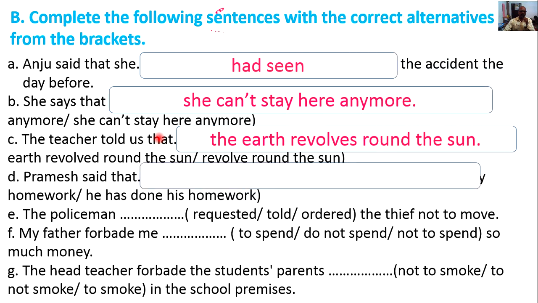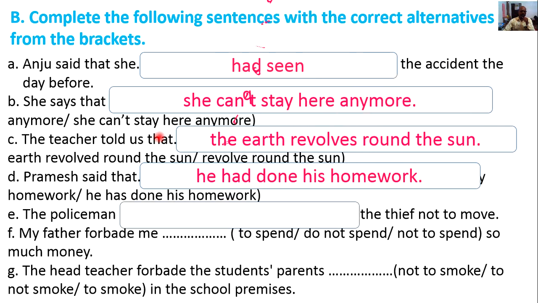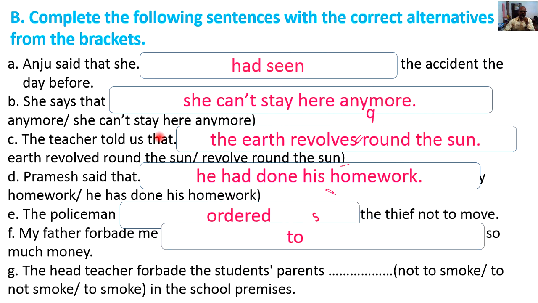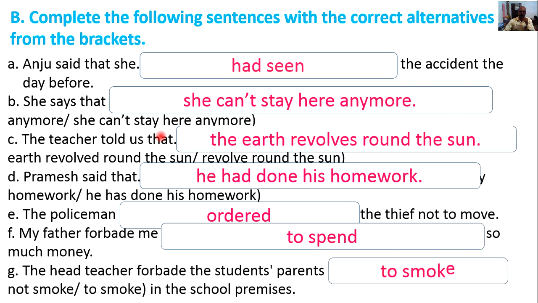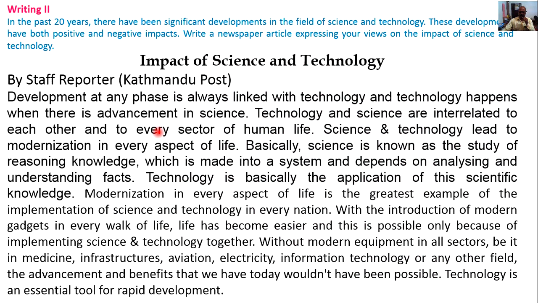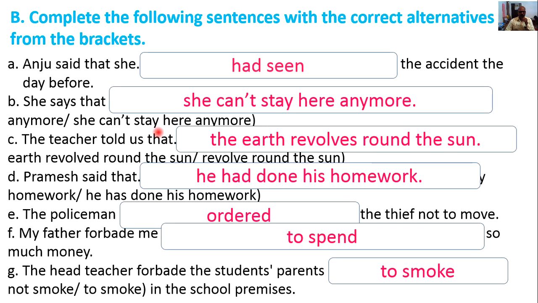And number D, its answer is he had done his homework. Number E, its answer is ordered. Number F, its answer is to spend. And number G, its answer is to smoke. And here the head teacher forbade the students' parents, and its answer is to smoke.